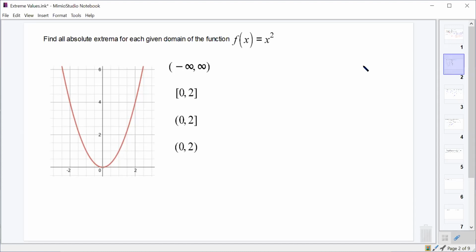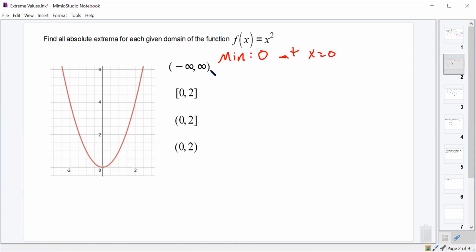So on the interval from -infinity to infinity, is there an absolute minimum? It should be 0, right? It should be the vertex of that parabola. That's the lowest possible point that parabola hits. y equals 0, and it occurs at x equals 0.